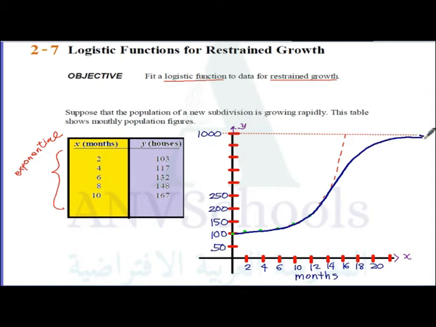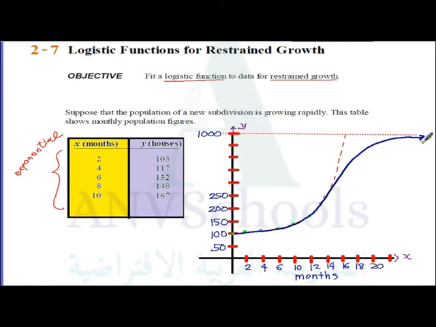It will level off. So that means it is leveling off. That is an illustration of how restrained growth is achieved.